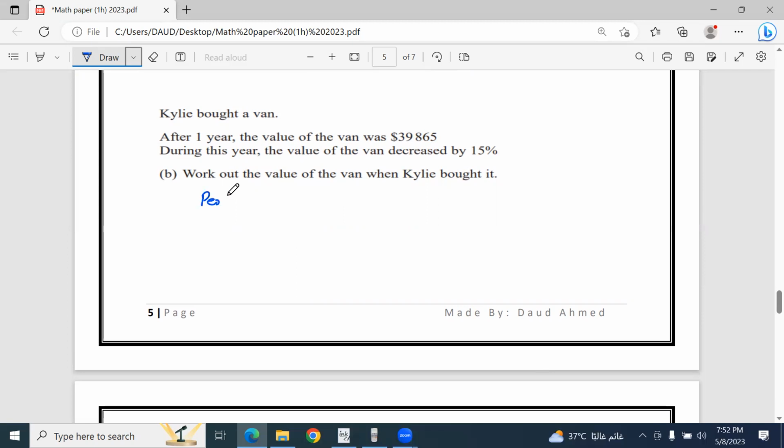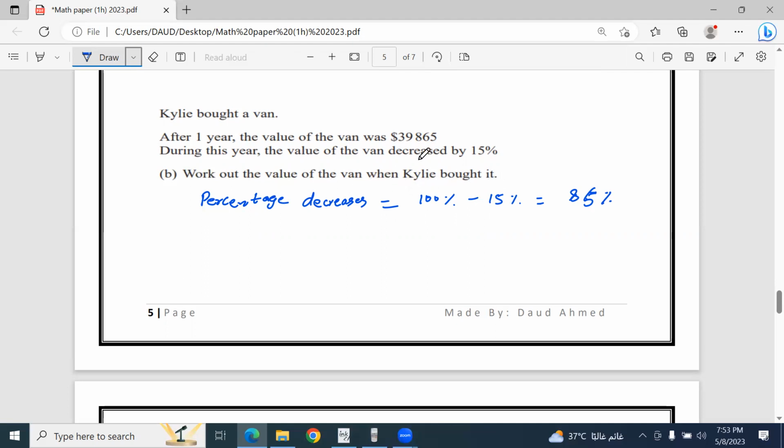So percentage decrease equals 100% minus 15%, that gives us 85%.